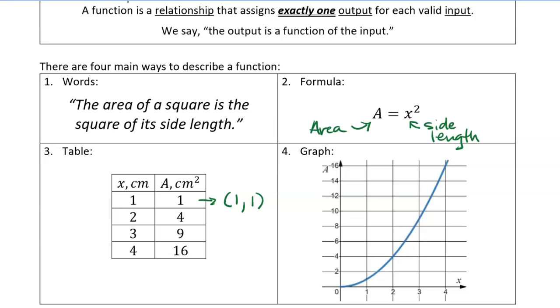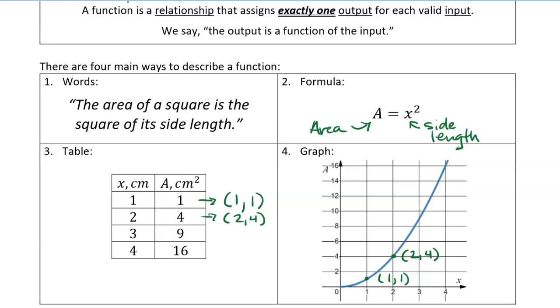So here's x equals 1, A equals 1, and that's the point (1, 1). Each one of these x and A values can become an ordered pair. So this would be (2, 4), and then we can graph that, and you can see here's that point right there, (2, 4), and so on.